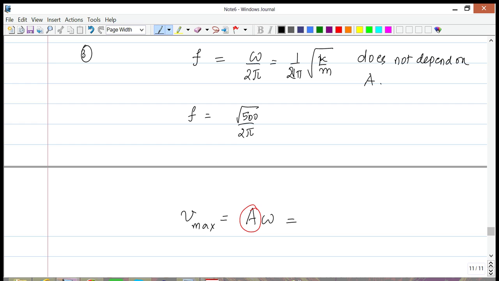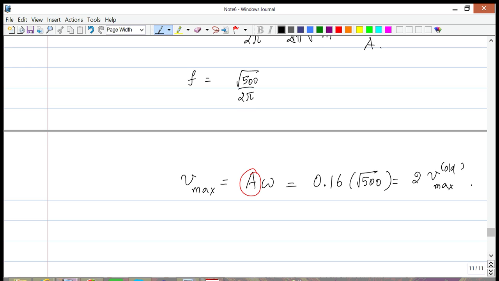So it's going to become larger than what it was in the beginning. By doubling the amplitude, we've quadrupled the potential energy and hence quadrupled the kinetic energy and hence doubled the maximum speed. So this will be 0.16 times square root of 500, which is equal to 2 times v max old.